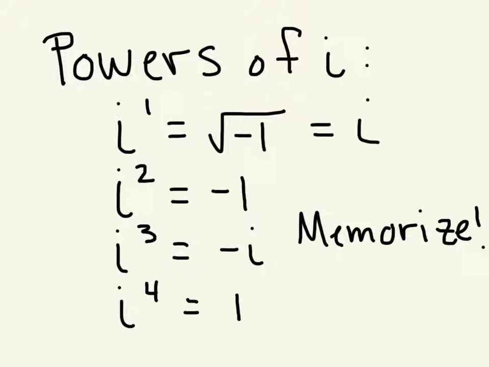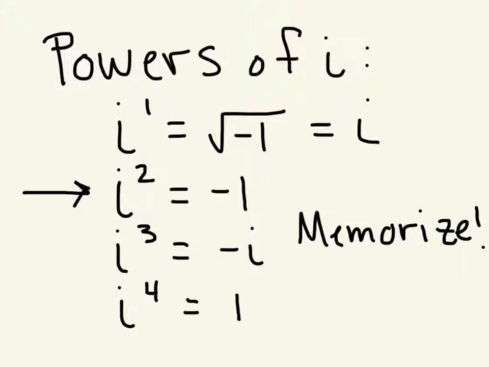Again, we know that i to the 46 is equivalent to i squared since 2 is our remainder when we divide 46 by 4.